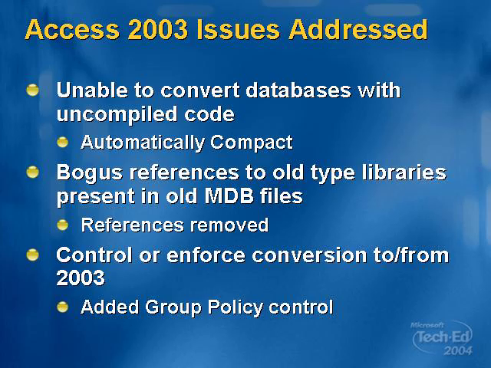One of them was that we were unable to convert databases with uncompiled code, so the compact command hadn't been written. That's sort of like a big duh, except we never detected that, and we did a bad job of telling anybody about it. So now we automatically compact it for you when you want to convert it. That was easy enough. We also had a bunch of bogus references to old type libraries in Access.